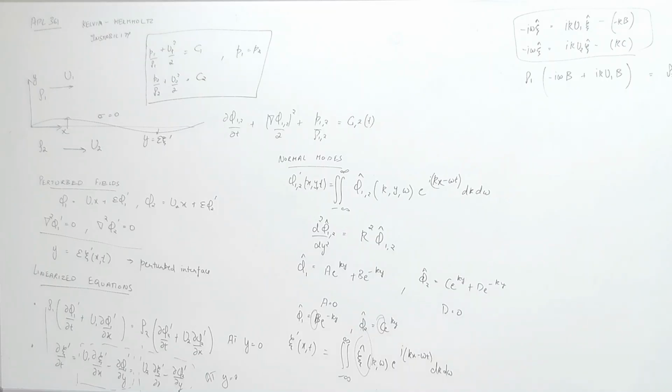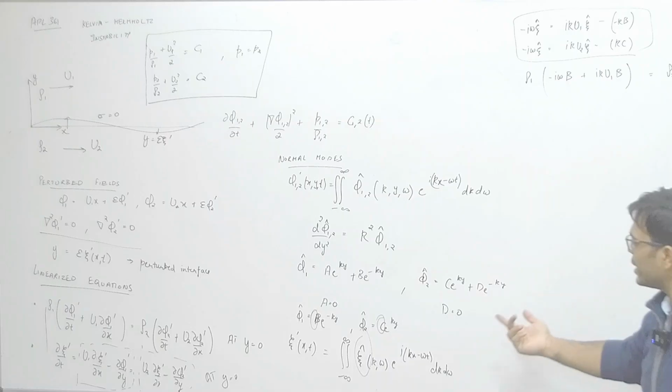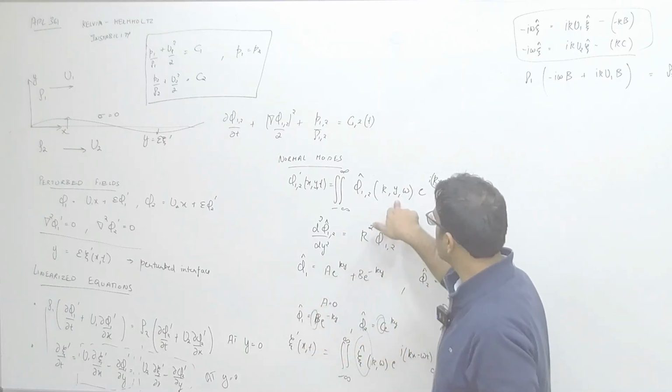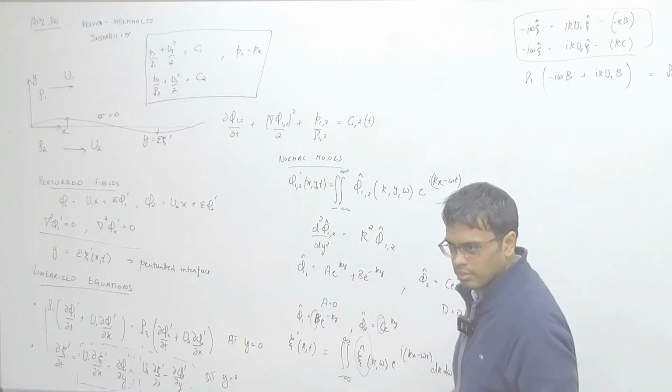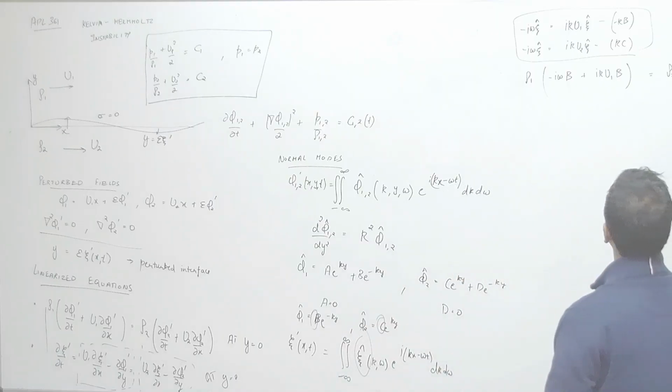As long as you are working in the linear regime, as long as you make the assumption that the amplitude of perturbation, that C prime is of order 1, so that epsilon C prime is much smaller than 1, as long as that is holding, our growth rates are going to be independent of its value. You can look at it the same way, like phi 1 hat you substitute here, it's not so different.